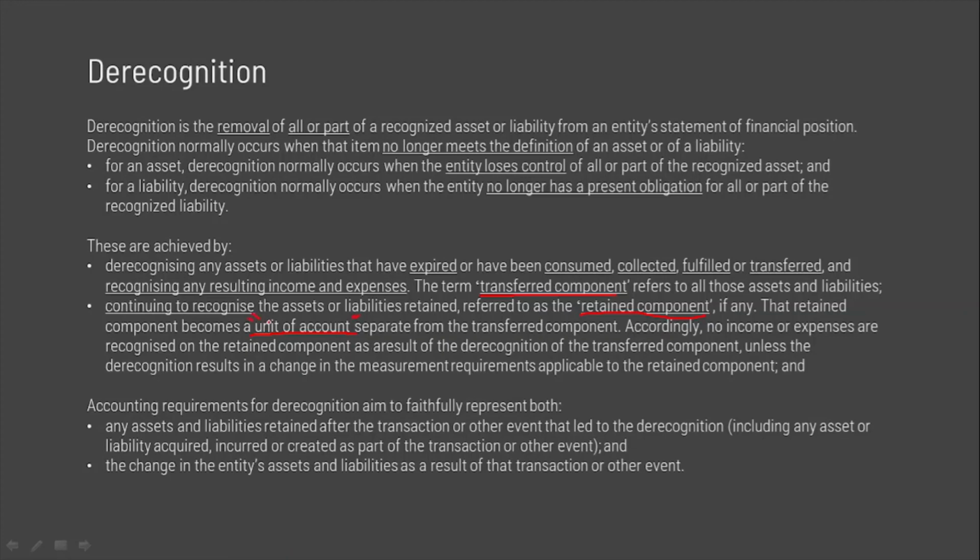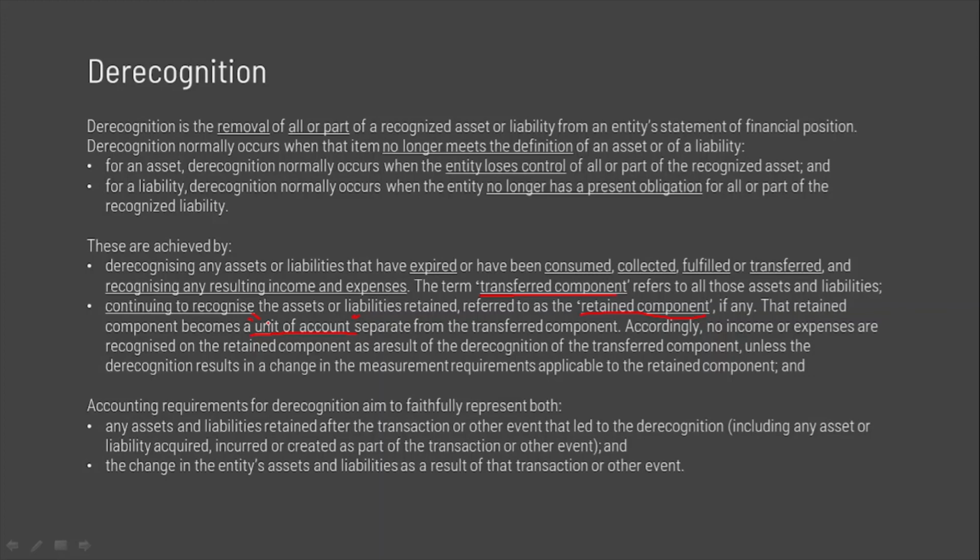So for the retained component, a unit of account exists because of the retained component. So what is a unit of account? A unit of account is the right or the group of rights, the obligation or the group of obligations, or the group of rights and obligations to which recognition criteria and measurement concepts are applied.